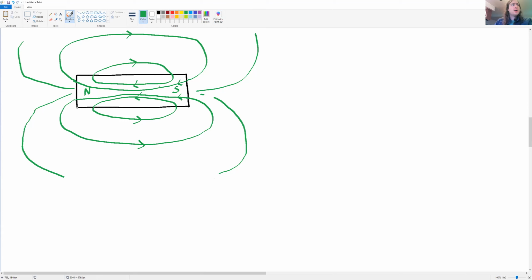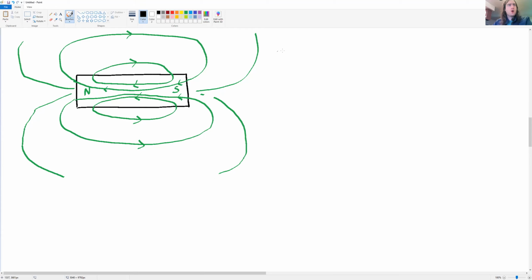But the field lines also go from the South Pole to the North Pole inside of the magnet, like I've drawn here. I know it's a little bit messy here, but there it is. Now I made a mention about magnetic monopoles.